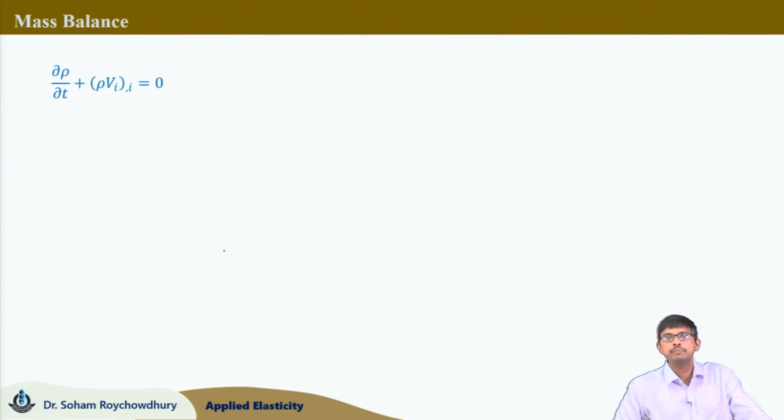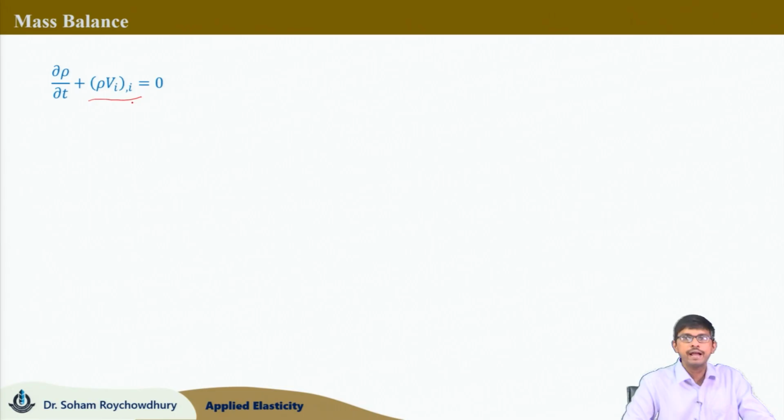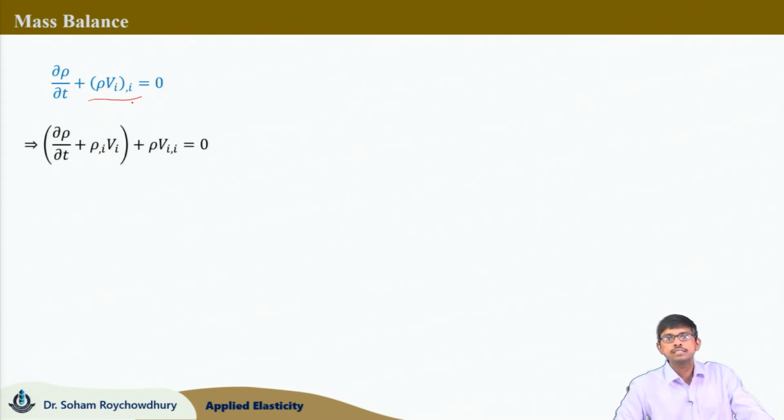Now, we can further simplify this. This comma i quantity can be expanded into two terms, one taking the derivative of rho, another taking the derivative of v_i. So, two terms would result, and it would be del rho del t plus rho comma i v_i plus rho times v_i comma i.